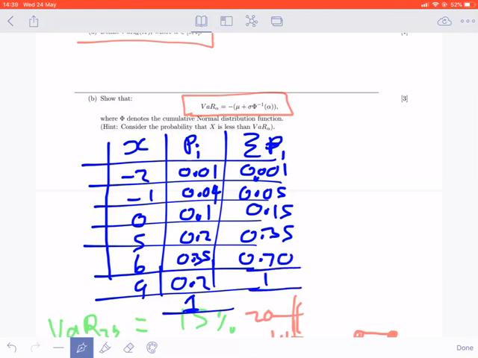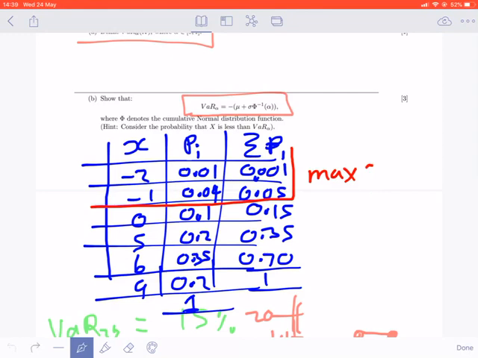If they ask you what is your VaR at 5%, you look at the values below 5%. You can see that you have two values, -2 and -1. Which one is the maximum? You take the maximum one, which is -1. So your VaR is -1 at a 5% significance level.